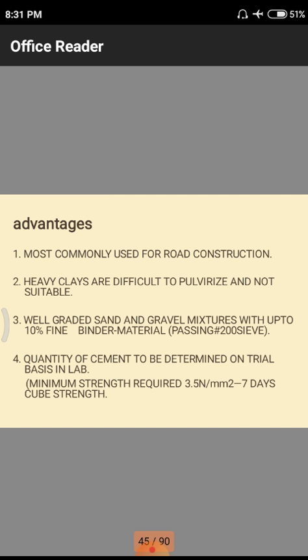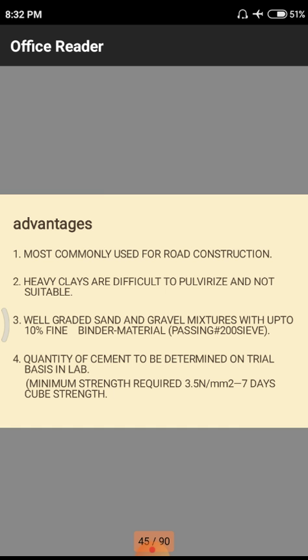Why? Because the cement has to bond with all the particles. If there is a minimum of 10% fines, those fines react with the cement, and the fines and cement together react with the other size particles. Then only will we get a good quantity of compressive strength and bearing capacity.